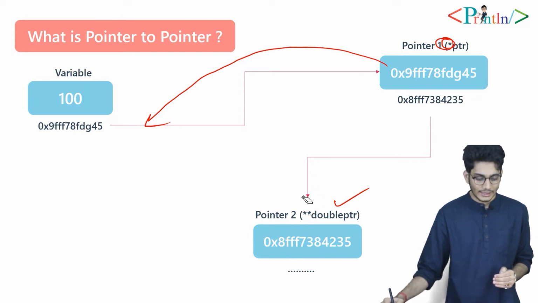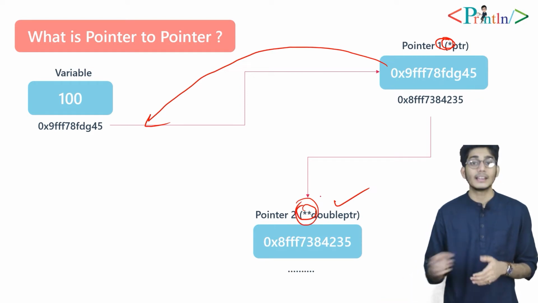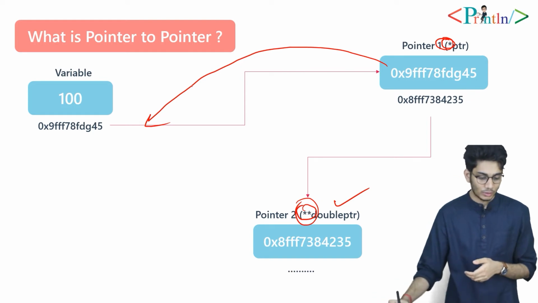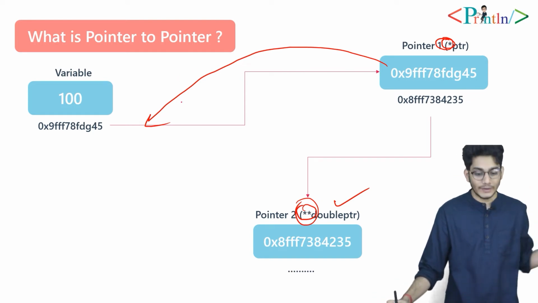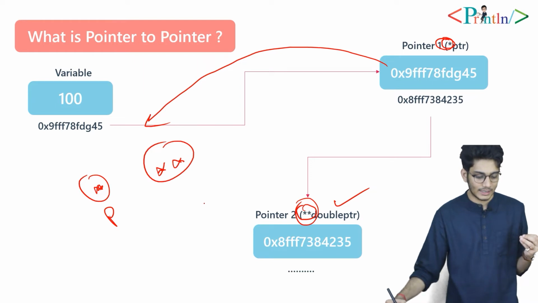As you can see, we have declared a double pointer using star star. Star star means it will store the address of a pointer. For storing the address of a variable we need this single star, and for storing the address of a pointer we need double star.